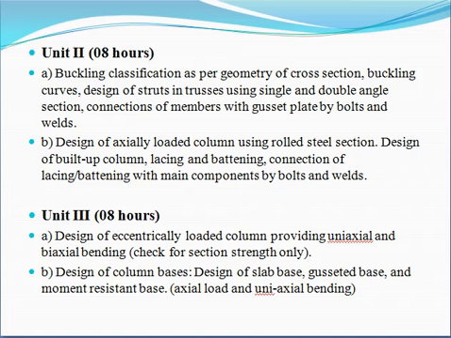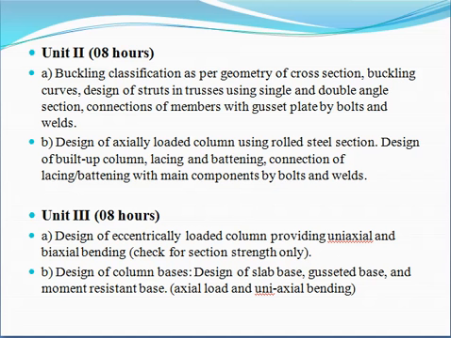Here we have to design the column section by using the built-up section. Built-up section is nothing but a section which is made up from 2 or 4 subsections. And these built-up columns are made by using the lacing system and battening system. We have to see this in this part. Connection of the lacing and battening with the main component is by using bolts and welds. These are the two connections.